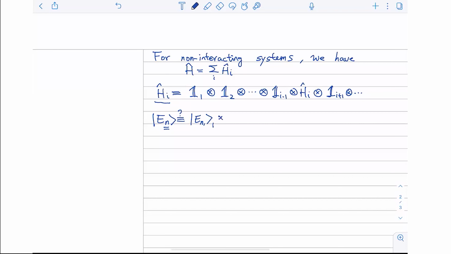And maybe the second particle is sitting at the energy E_n2. And so on.